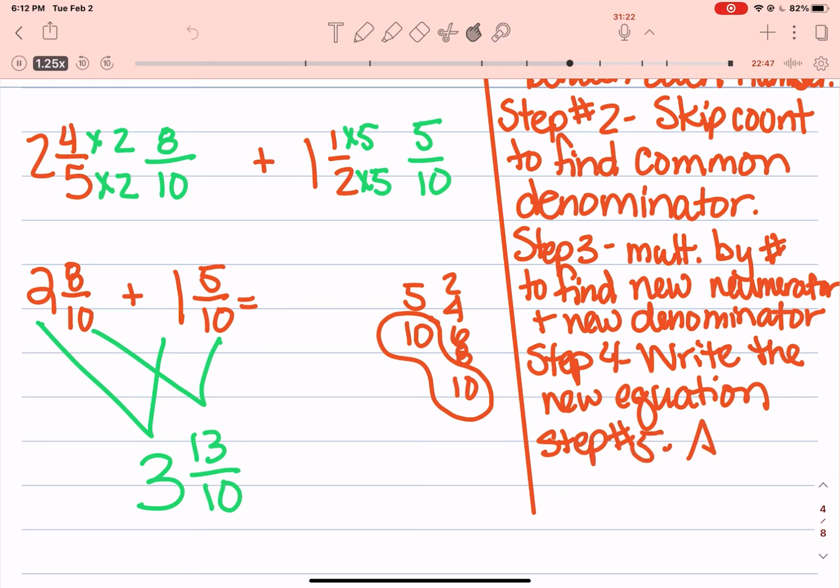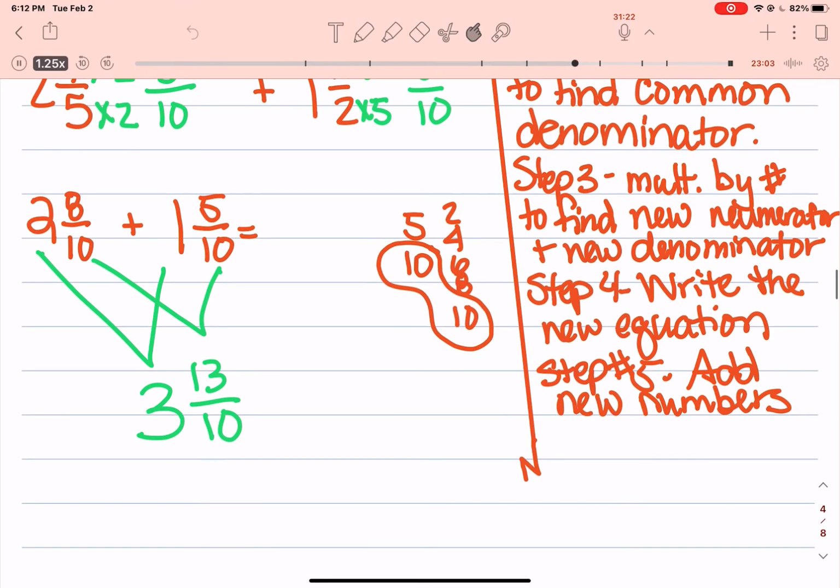Step number 5 is to add new numbers. And step 6 would be to simplify or make it a whole number and a fraction, if you need to.